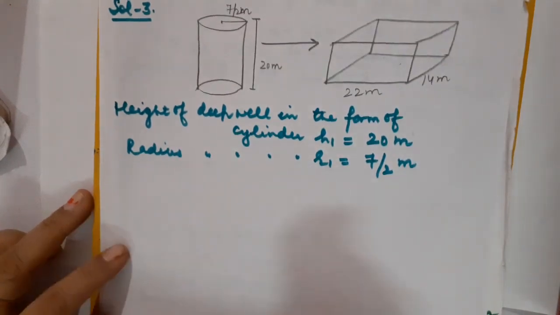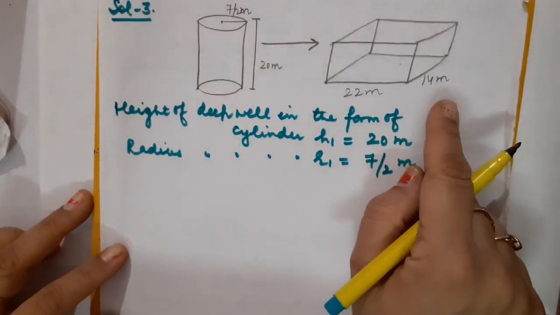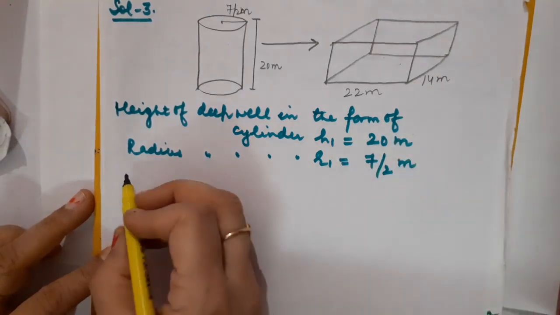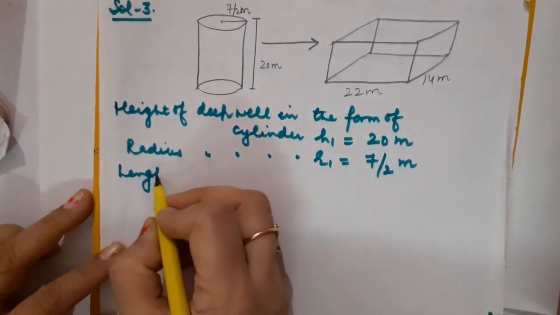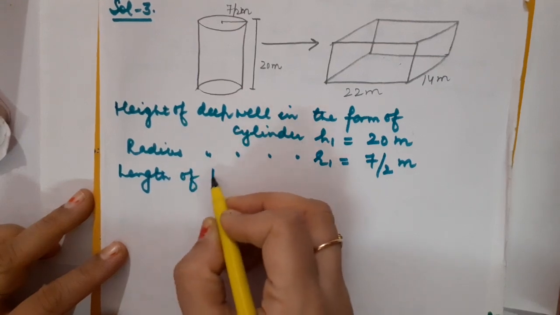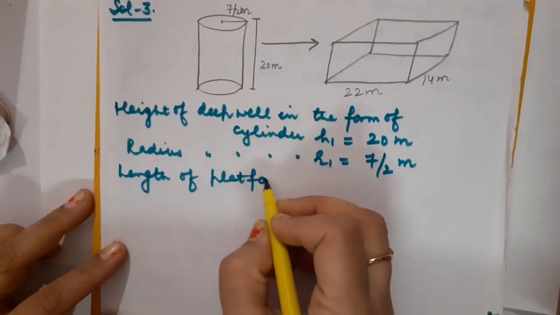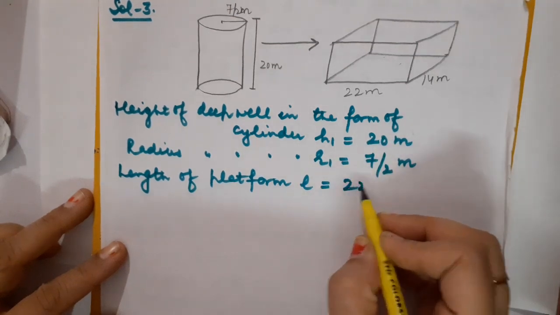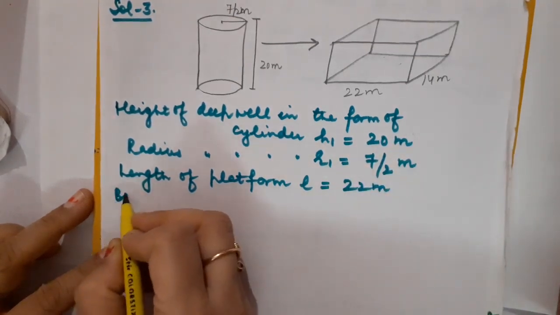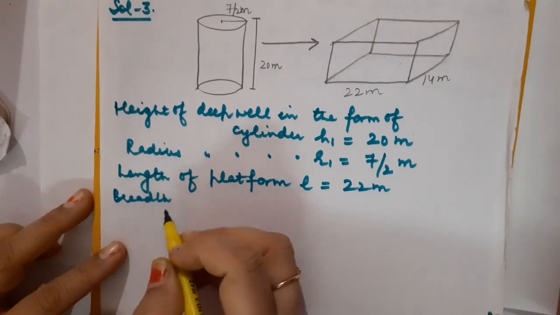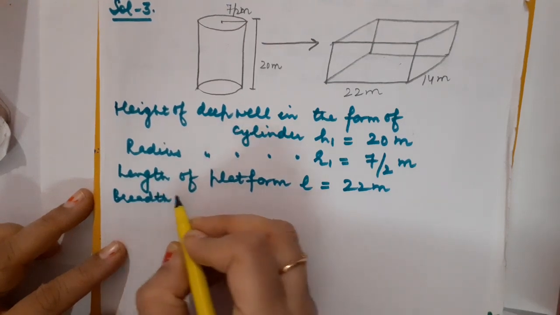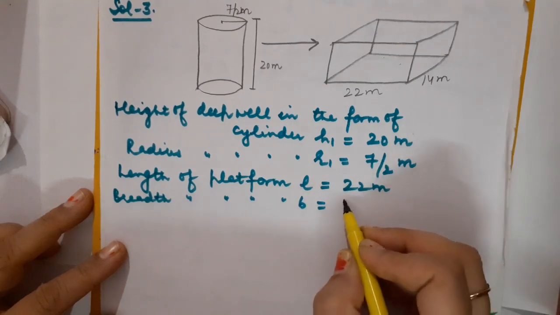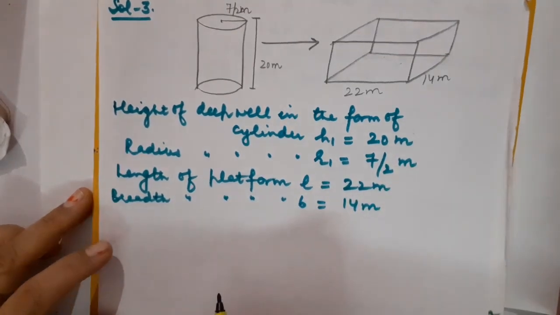What else is given? The length and breadth of the platform, which is cuboidal in shape, are given to us. So the length of the platform will be represented by L, that is 22 meters, and its breadth must be represented by B, so that is 14 meters.